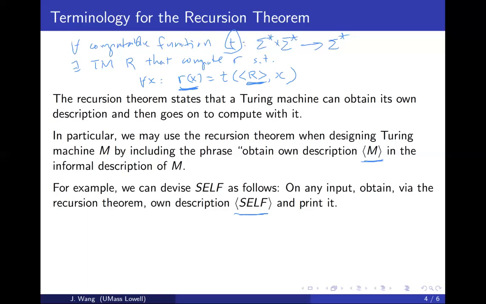All right, now let's see how we apply the recursion theorem to prove some languages are not decidable, or are not even enumerable. This is added to the earlier page.